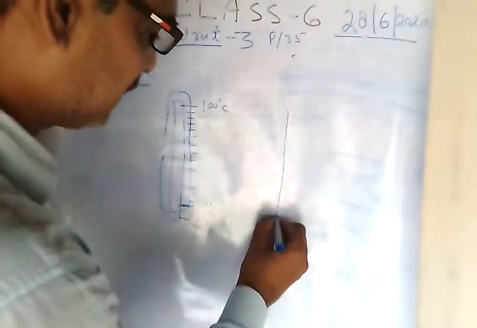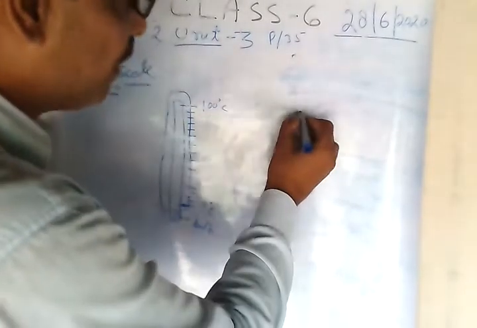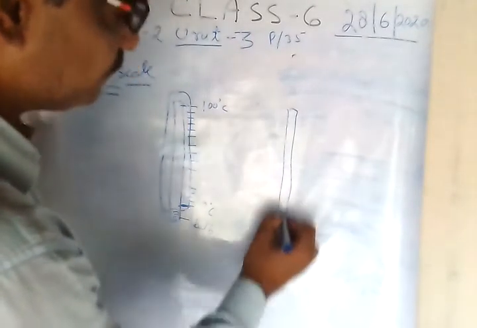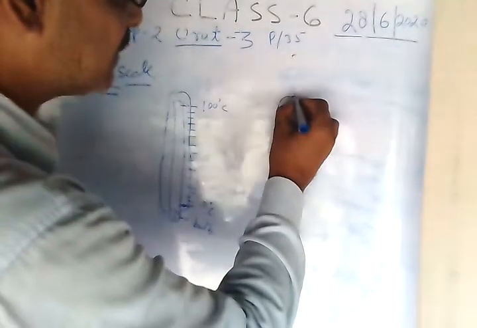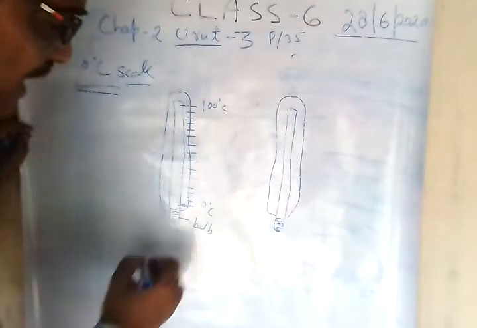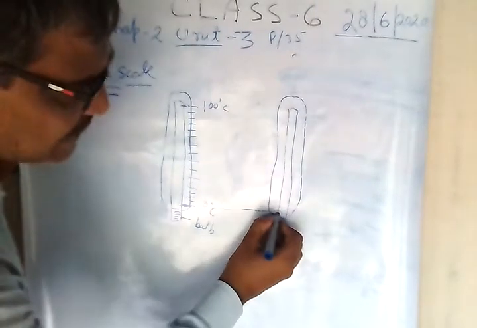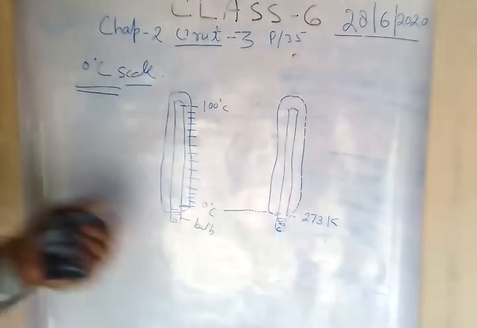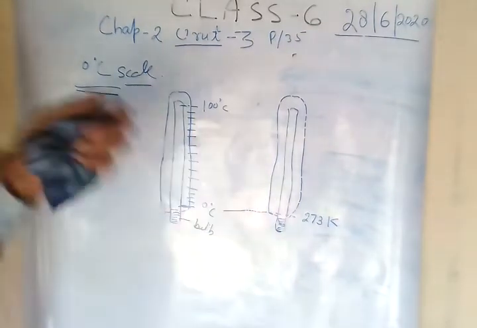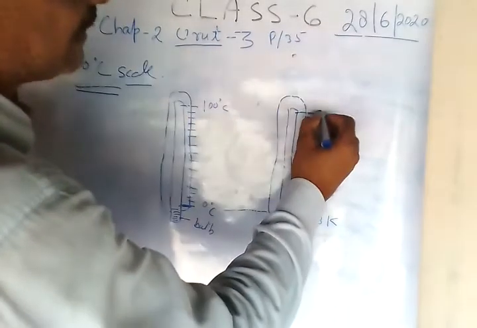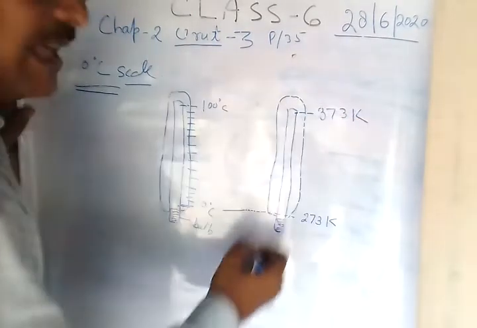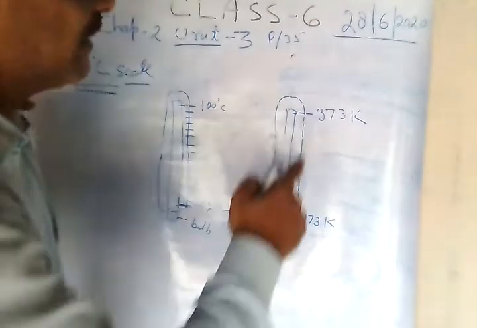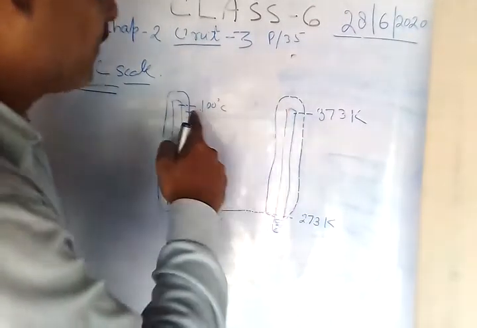This is the capillary tube. In this capillary tube, mercury is filled, and the stem protrudes from it. 0 degree Celsius is equal to 273 Kelvin, and 100 degree Celsius is equal to 373 Kelvin. 273 Kelvin is the temperature of ice, and 373 Kelvin is the temperature of boiling water.